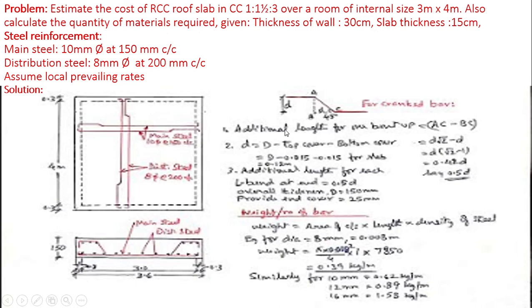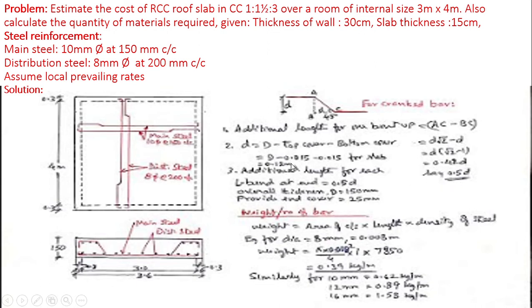Additional length for one bent up is equal to AC minus BC, that is D root 2 minus D, D into (root 2 minus 1), that is equal to 0.42 D, say 0.5 D rounded off, which means for every crank 0.5 D extra length is added while calculating length of bar. Please note this.